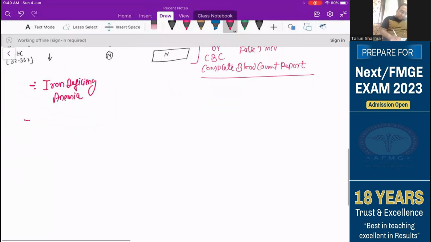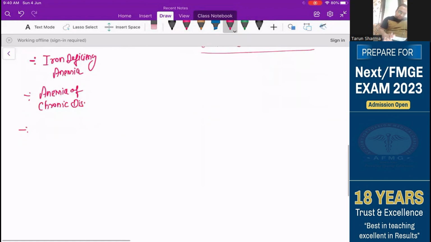Then comes anemia of chronic disease. Then comes sideroblastic anemia. And the last one is thalassemia itself.